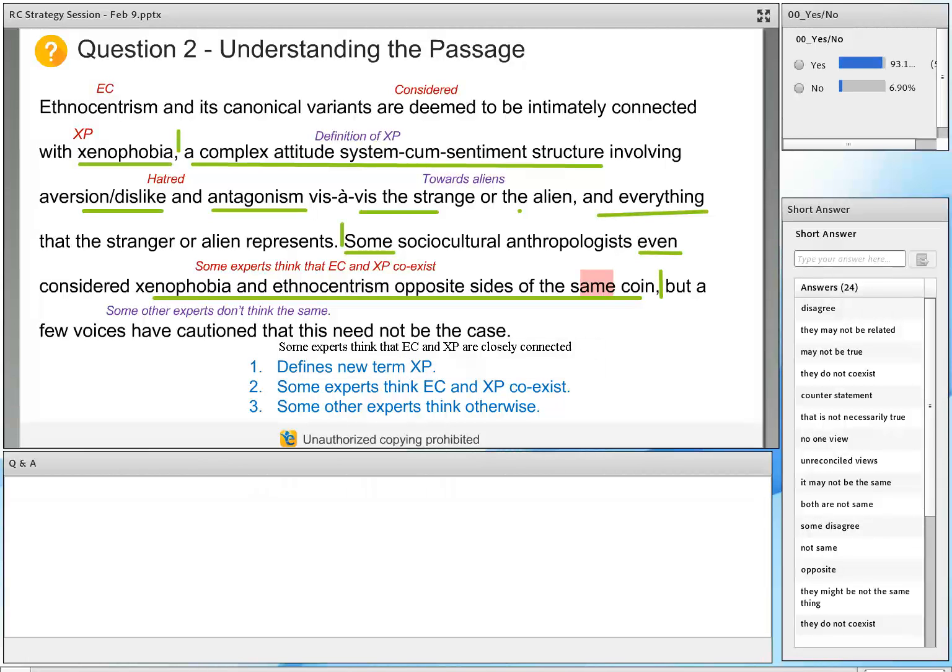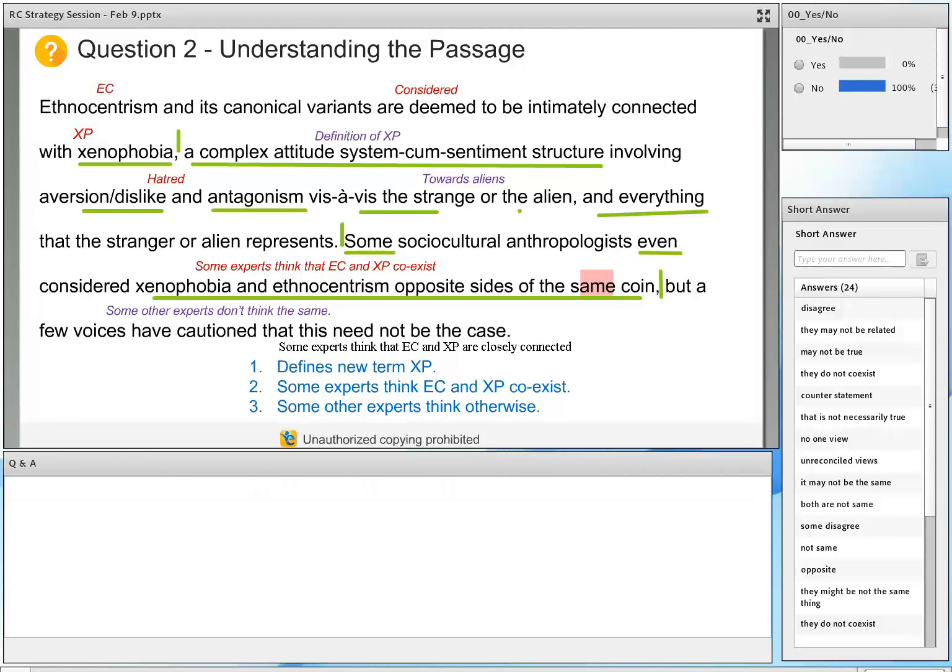Now tell me, the author has presented the views of three different sets of experts. They may be interlinked or overlapping as well. But has the author said which set of experts he agrees with? Yes or no? Has the author presented his take on any of these viewpoints?